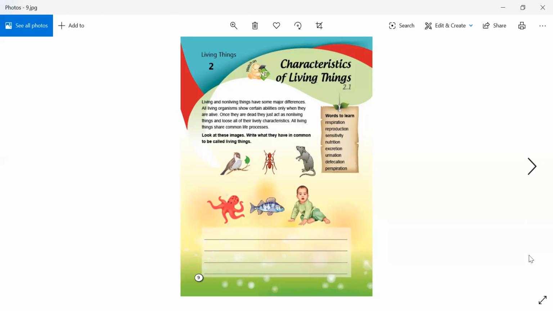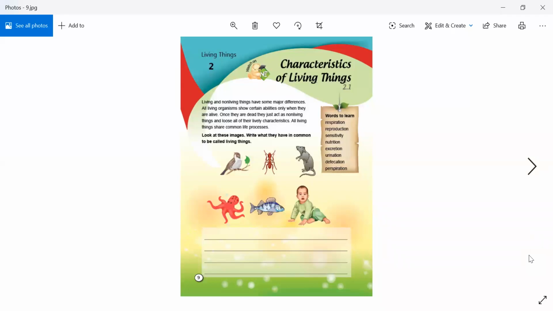All living organisms show certain abilities only when they are alive. Once they are dead, they just act as non-living things and lose all their lively characteristics. All living things share common life processes.